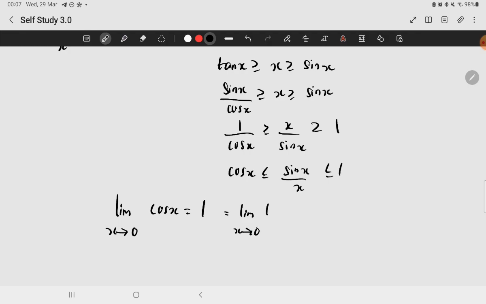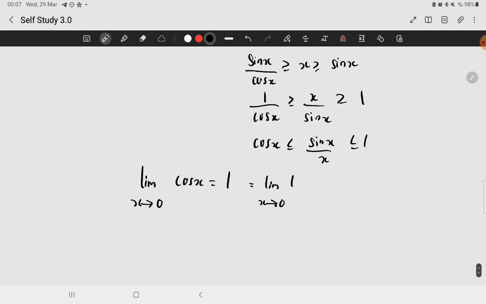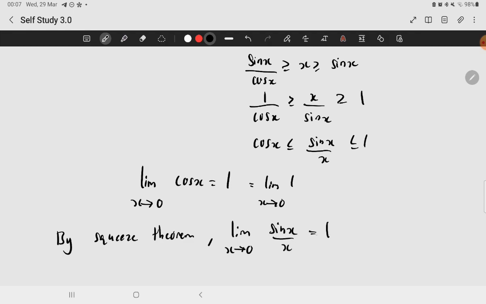Since 1 is a constant, it doesn't change anything. So by using the squeeze theorem, or sandwich theorem, whatever you want to call it, as x tends to 0, sine of x over x will be 1.